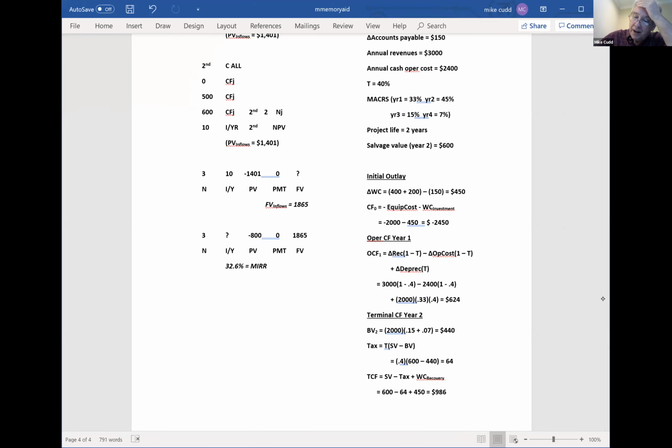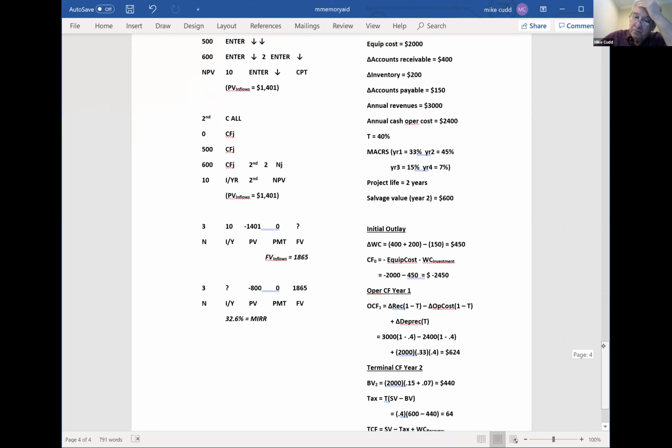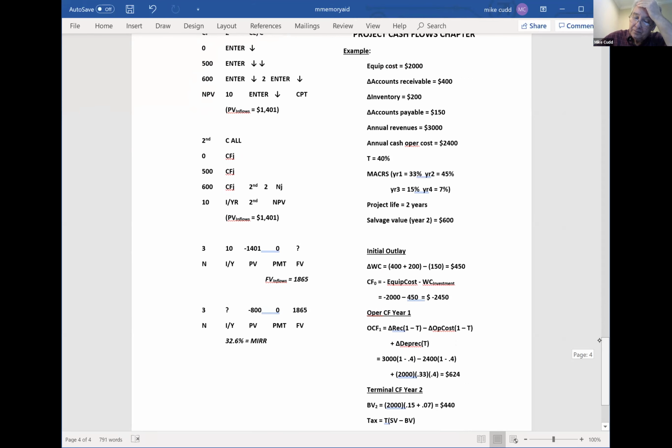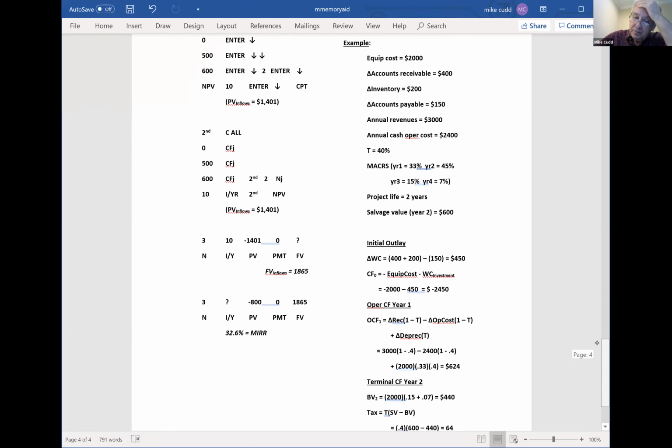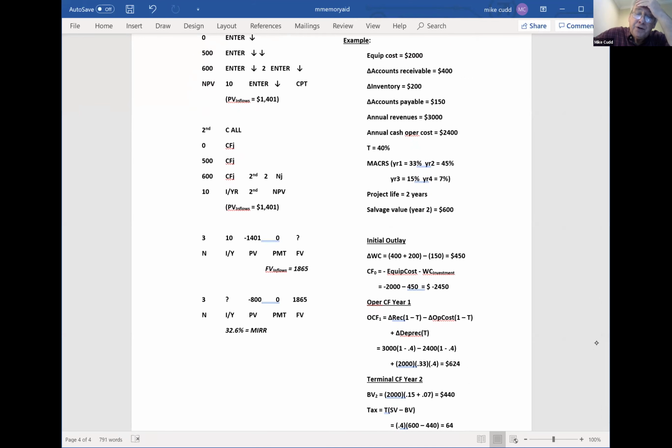We're looking at equipment that costs $2,000. We've got receivables, inventories, accounts payable. Working in the margins, one of the things we would look for is our initial cash outlay.